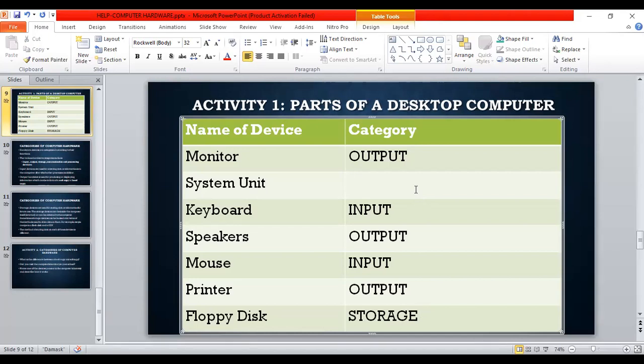Okay. Someone already mentioned that the system unit is a processing device. Why do we categorize it as a processing device? Can we get some answers? Why processing?